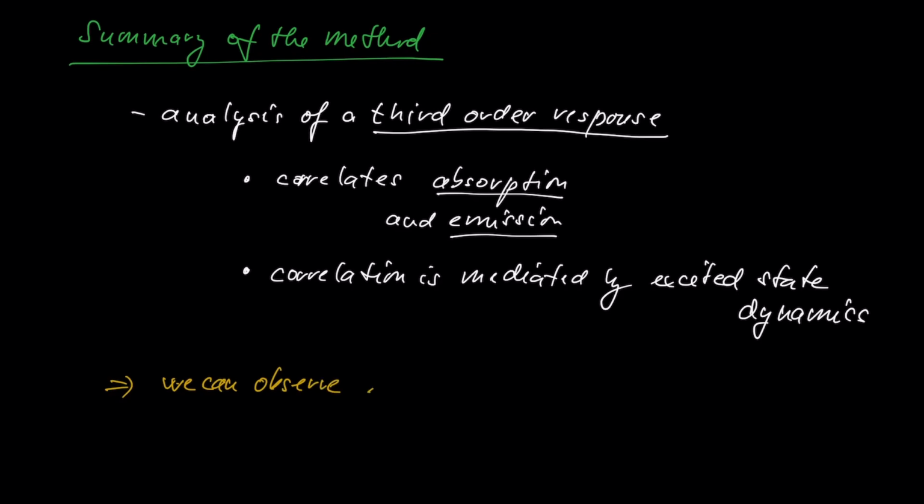That's the purpose of this method. That's not something completely new because, for instance, the pump probe method has also been able to give us information about the excited state evolution, for instance, transfer of the population from one state to another.